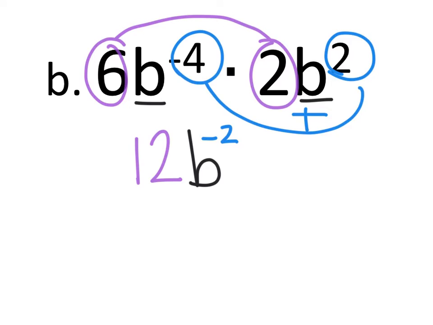Again, you have to understand that I give you these problems knowing that you have examples up top. So I have an example just like this up top. What do I have to do? What stays and what goes? The 12 will go up top and the b to the second power will go to the bottom. Correct. So I'm left with 12 over b squared.